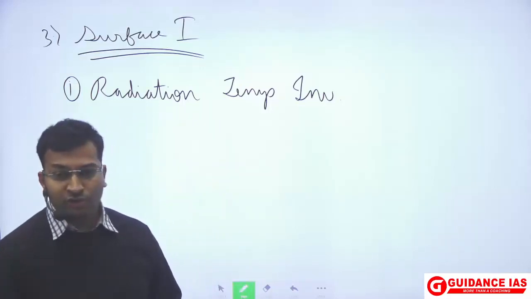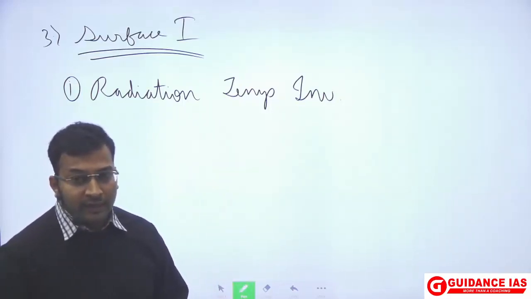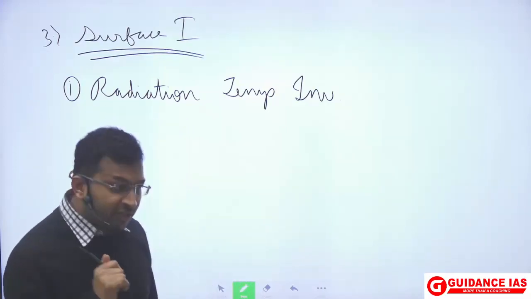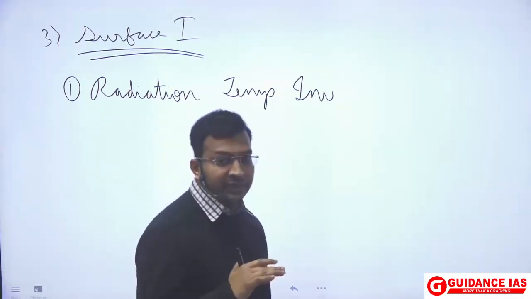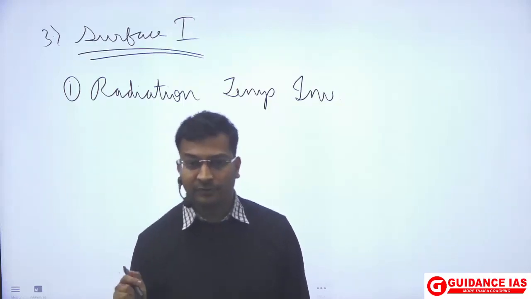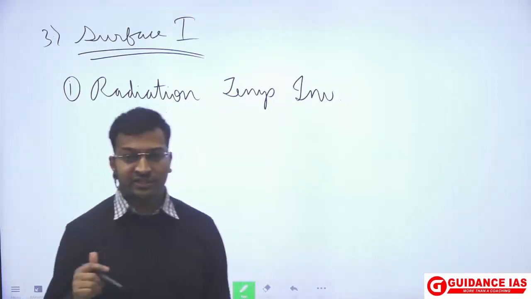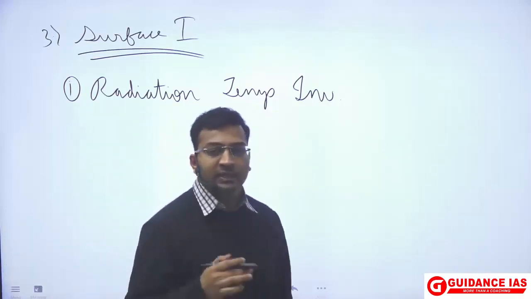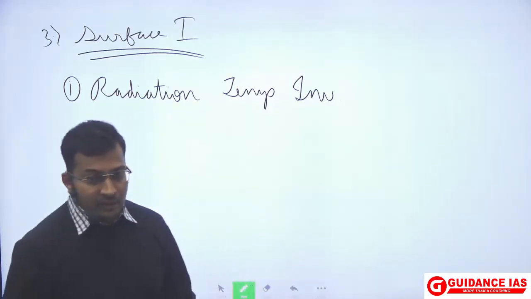The major source of heating of the atmosphere, the major heat source of the atmospheric layers above the Earth's surface is the radiations emitted, reflected back from the Earth's surface.